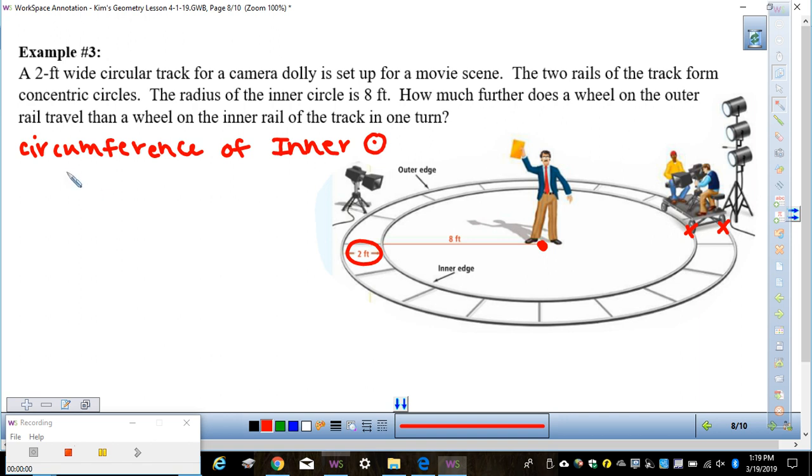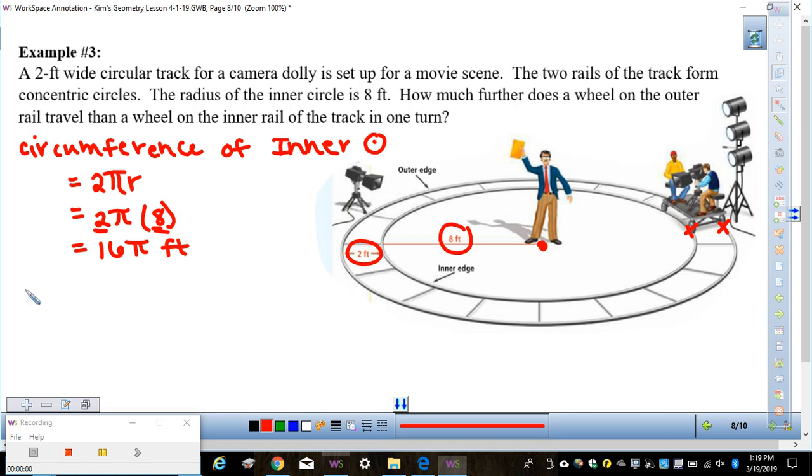Remember that formula, I'm going to use 2 pi r because I'm given the radius and not the diameter. And the radius for the inner circle is this 8 feet. So I'm going to plug in 2 pi times 8, and to get our exact answer, we're just multiplying the 2 and the 8, and we end up with 16 pi feet.